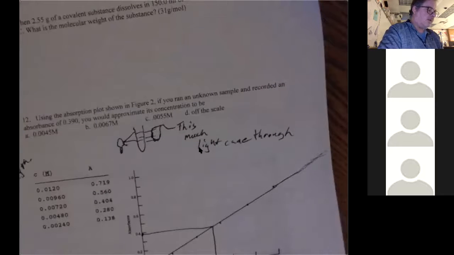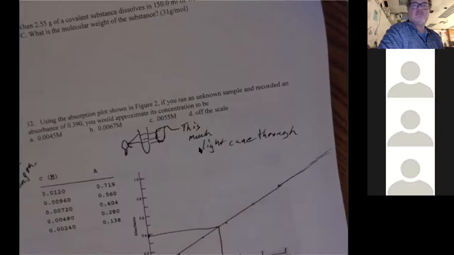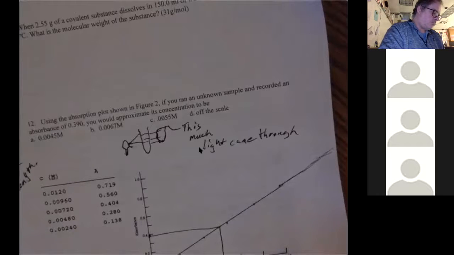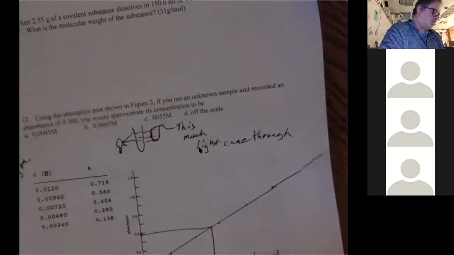Or you can find the line value and plug in and figure it out that way. Either way is fine. If you find the slope of this and then put it in slope line form, then you could find that. Questions?